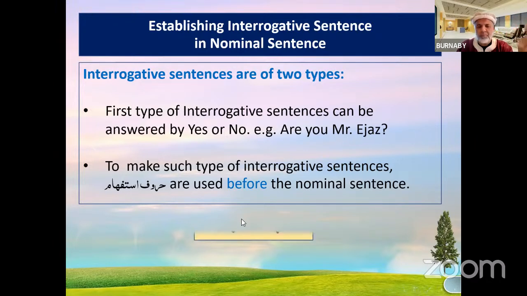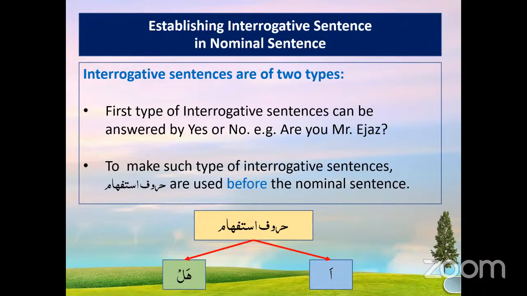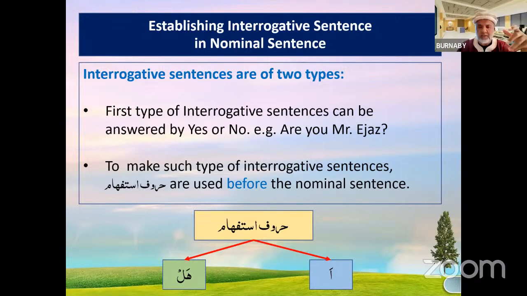The huruf istifham are two. They are hamza with the fatha, a, and the other one is hal. These are the particles or letters you use for asking a question. When you use them, what is the answer? Yes or no.